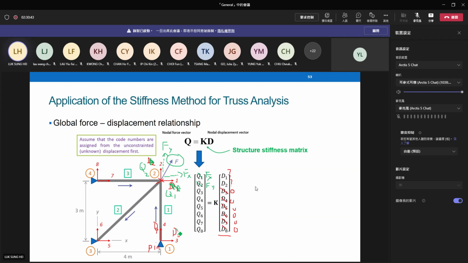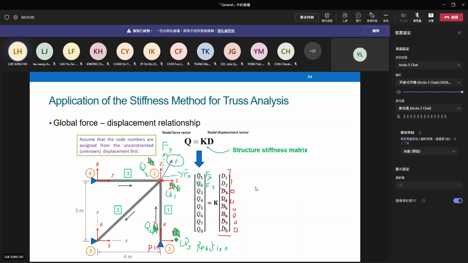What is Q3? Q3 means the nodal force along direction 3. Q3, Q4. What are Q3 and Q4? Do you know the values? We don't know the values because Q3 is actually a reaction.